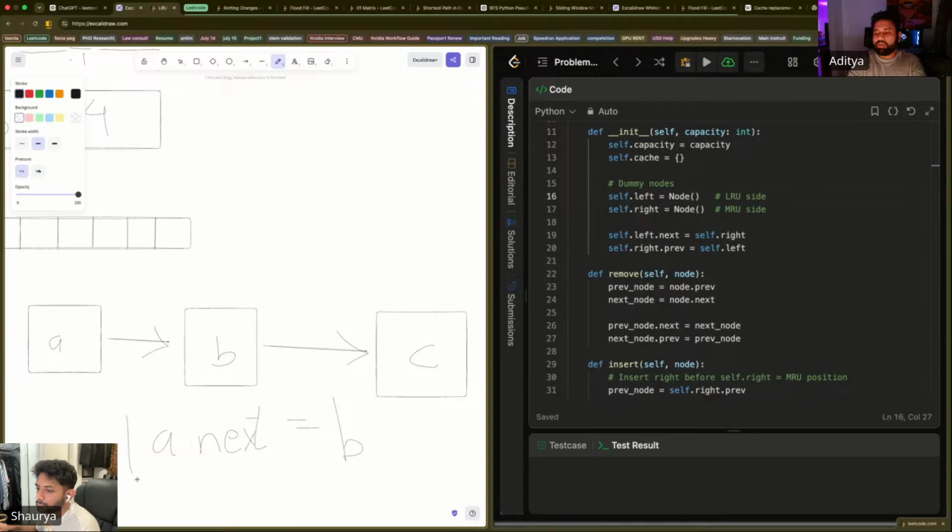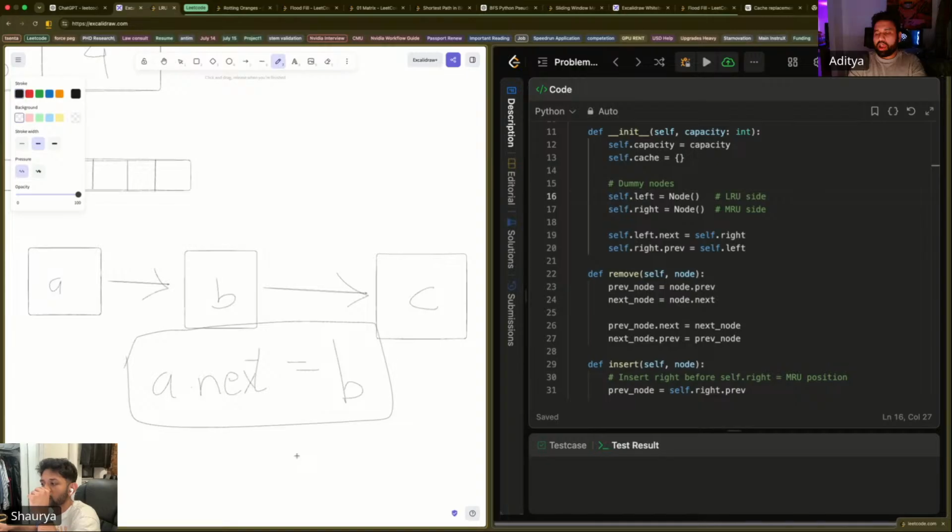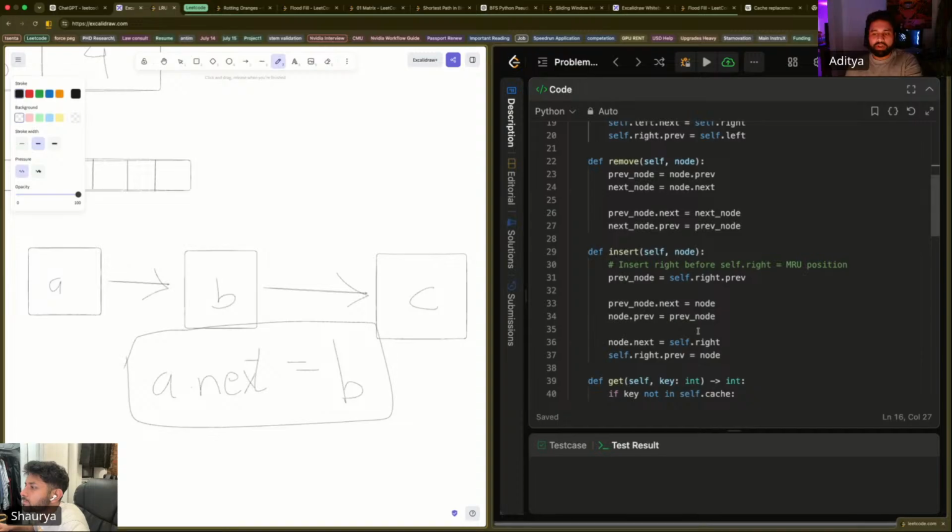Right, and then we will do B.next equal to C. Instead of doing A.next to B, we will do A.next to C. And this is how we will remove this node, and that's how our removal will work.